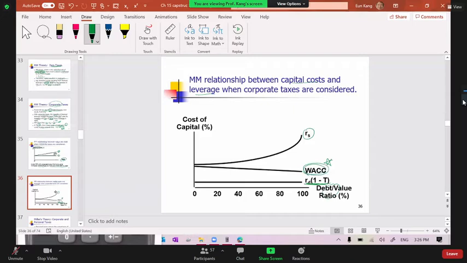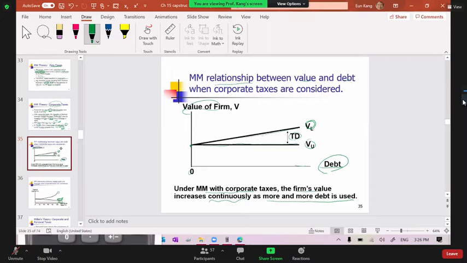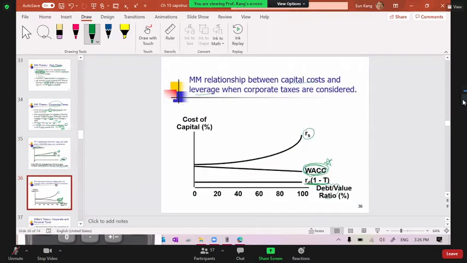So this is important. WACC goes down. So it can be on the exam that corporate value depends on WACC, not RS or RD. Simply, when WACC goes down, the value goes up. And look at this. WACC goes down and value goes up, right? So that is very, very important.